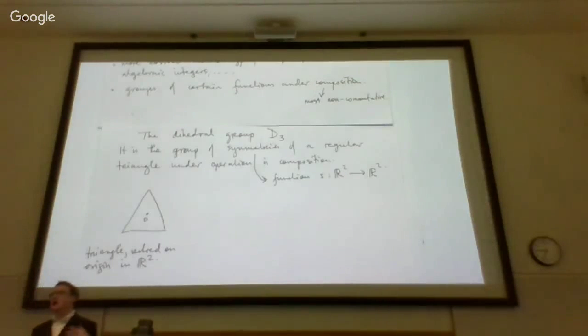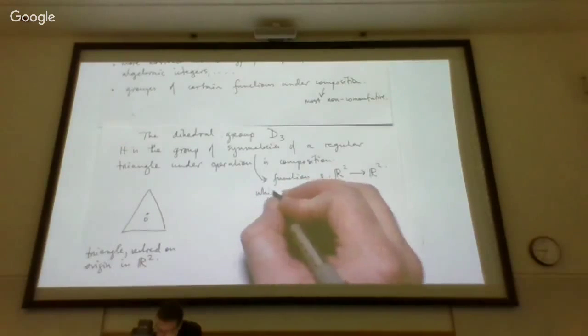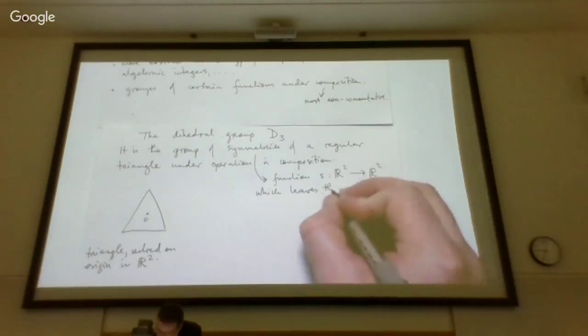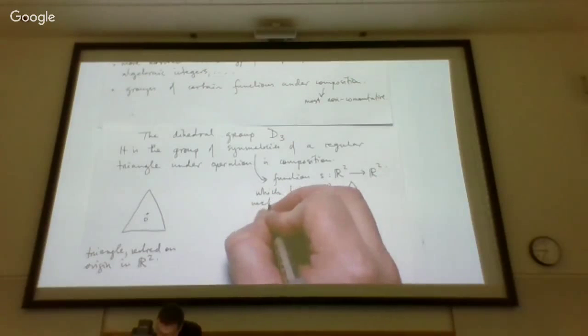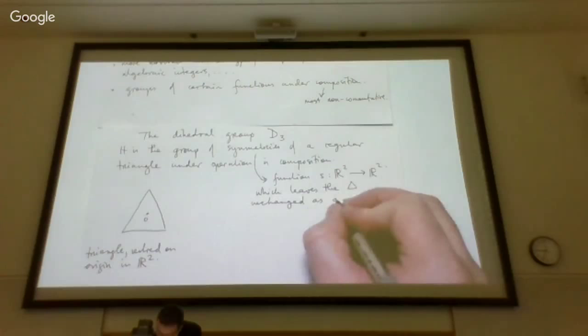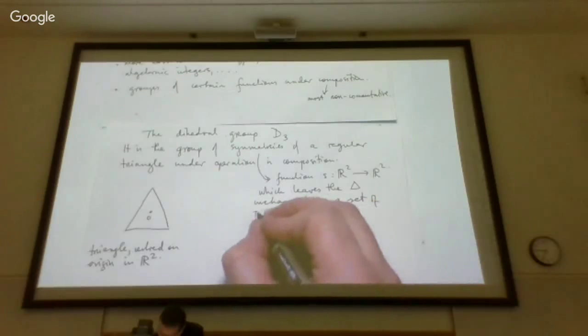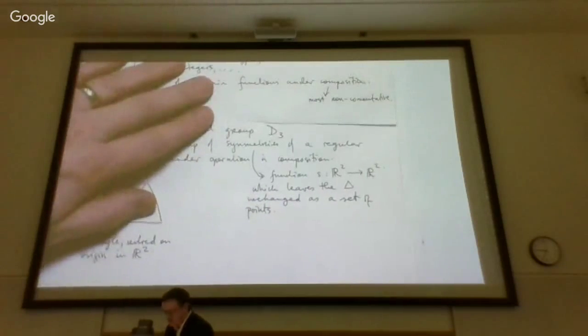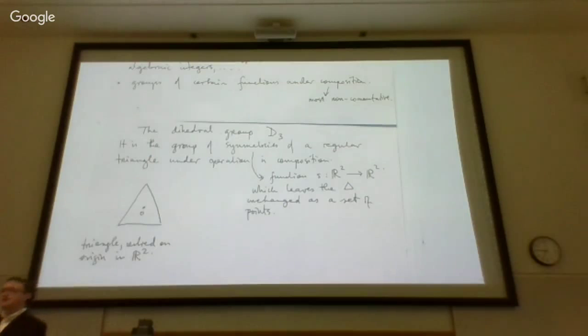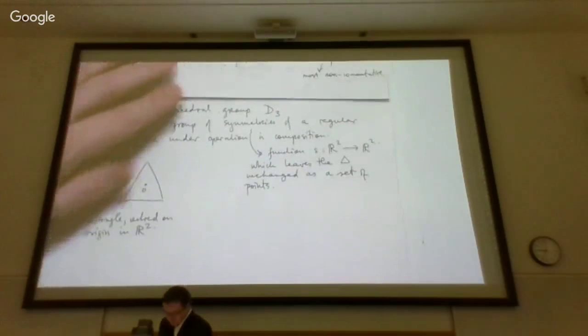So it's a transformation of the whole plane, a certain kind of one, which leaves the triangle unchanged as a set of points. So it might move around individual points of the triangle, but there'll still be the same triangle sitting there afterwards, after you apply the transformation S.